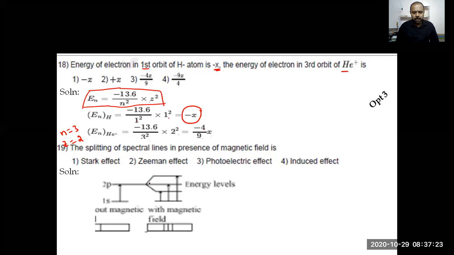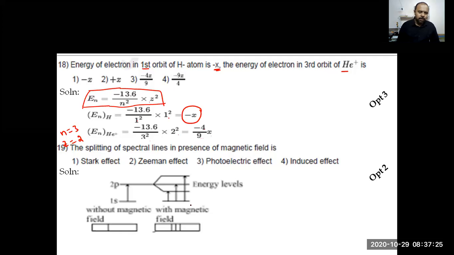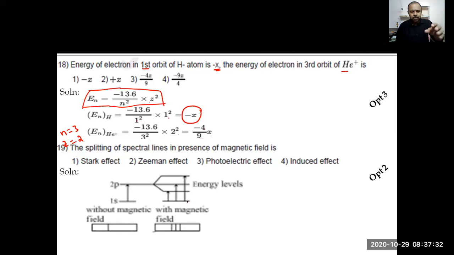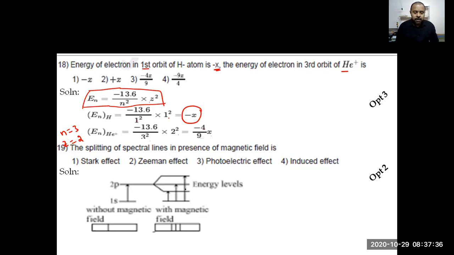If you want to know why the line splits in an external magnetic field, that is actually out of this question. Just for your curiosity, whenever spectral lines are passed through an external magnetic field, the lines will split.